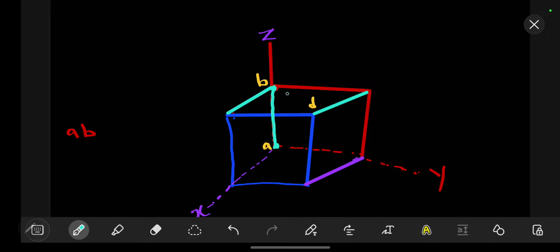So this is your AB. Now this is purely in the Z axis, and we have discussed that as long as it's a cube, all the sides are equal. So this side will be your L. Now which component? Z is associated with K. So this is our AB.